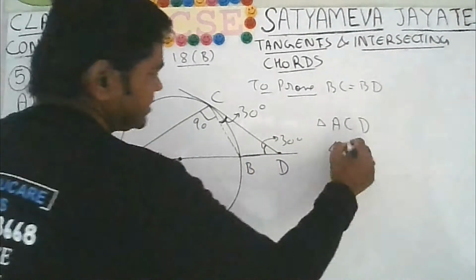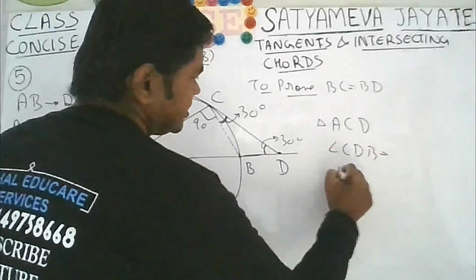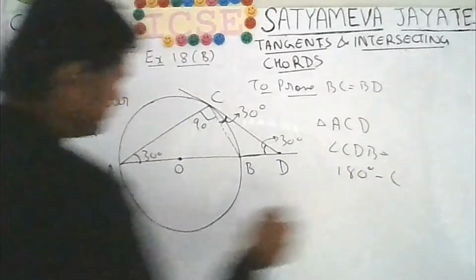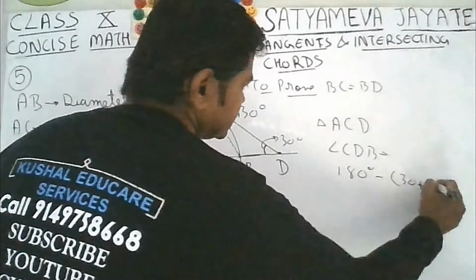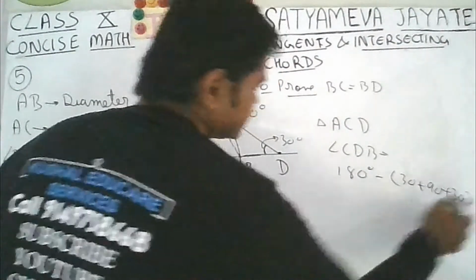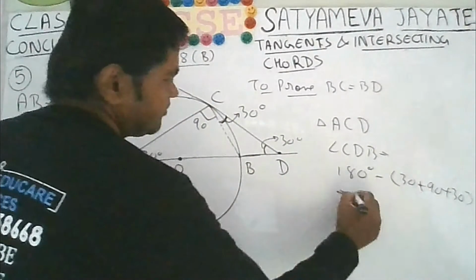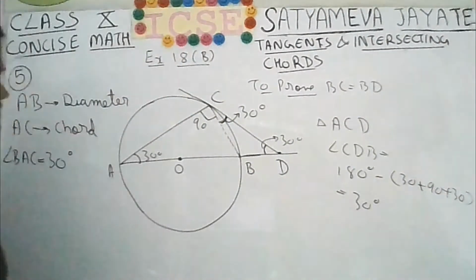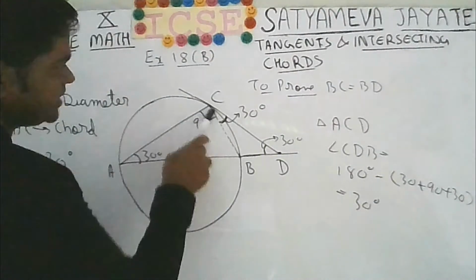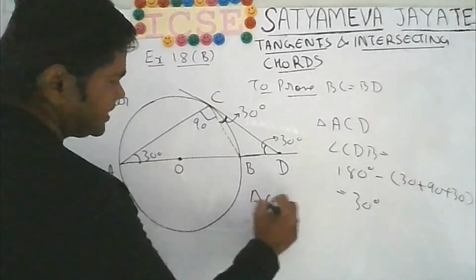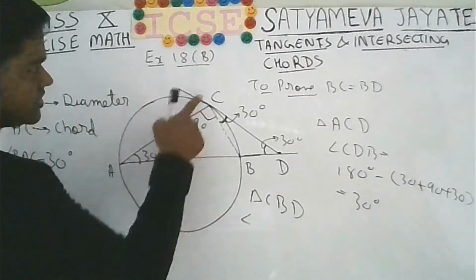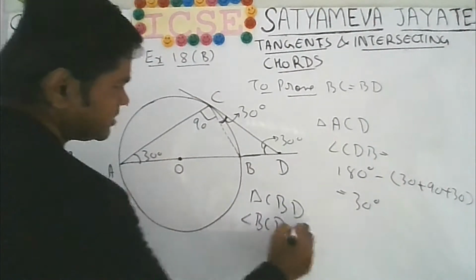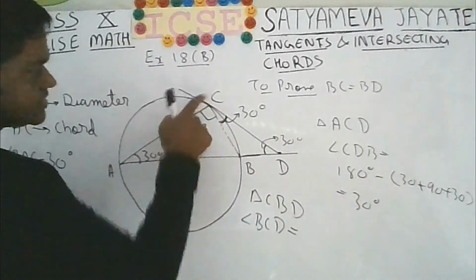That is angle CDB. It will be equal to 180 degree minus 30 plus 90 plus 30, so this will be 120 plus 30, 150. 30 degree. So now if you look at the triangle CBD. In triangle CBD, you notice that angle BCD is equal to angle BDC.